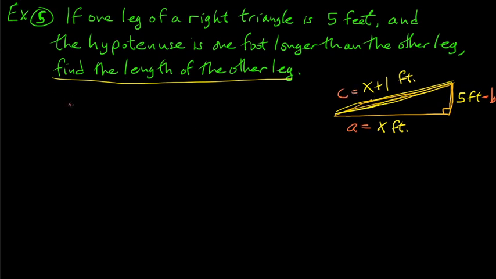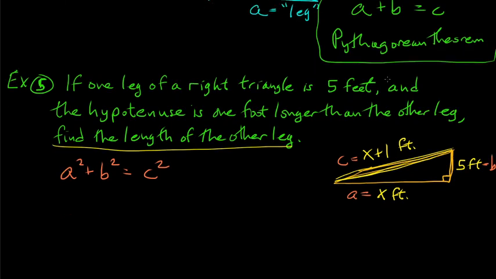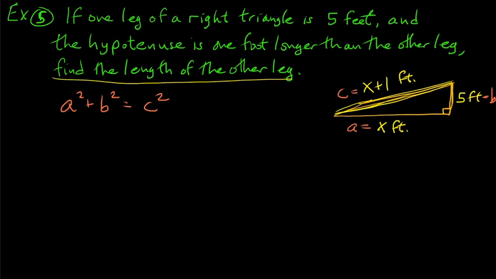And we know the Pythagorean theorem, a squared plus b squared equals c squared. You can look it up, of course, but on a test, you should know it. So let's just replace a with x, and b with 5, and c with x plus 1.